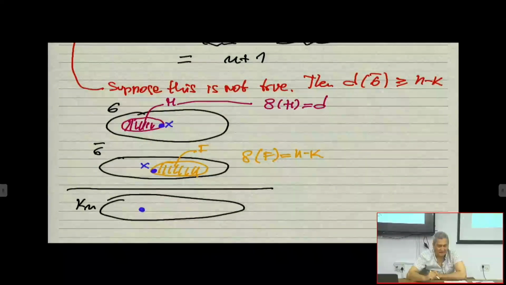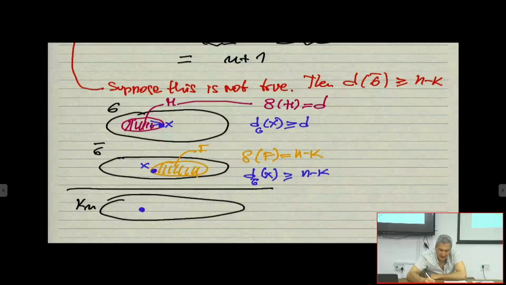H in Kn. If x belongs to H, what does it mean for the degree? The degree here in H is at least D. What does it mean if x belongs to F? The degree in G complement will be at least n minus k. So look, these edges here are all different from the edges here, yes?